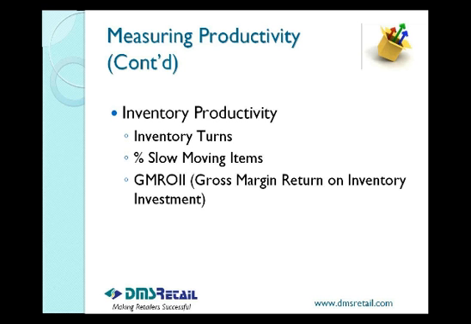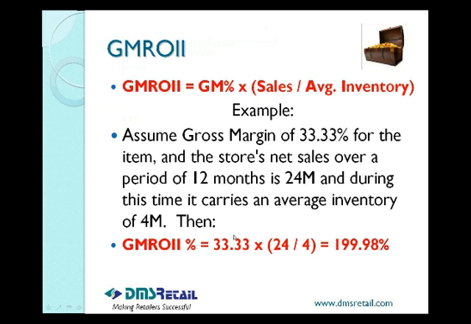Now, I'm going to talk about GMROI a little bit more. Here it is. GMROI, gross margin return on inventory investment, is a very critical and important measurement, calculated as gross margin percent times sales divided by average inventory.